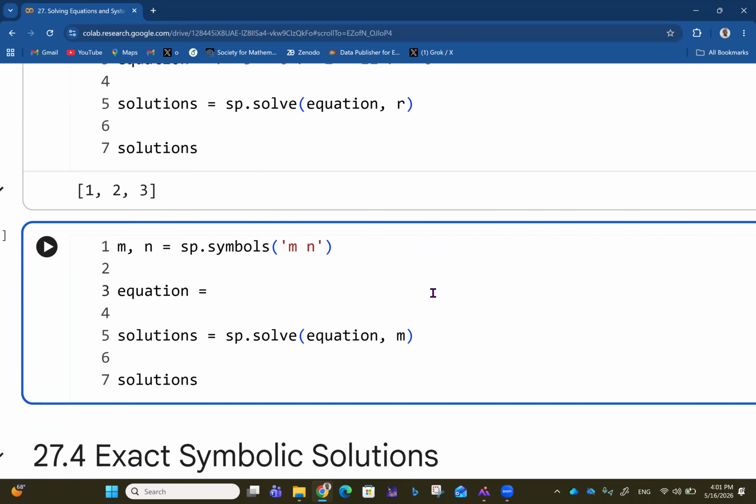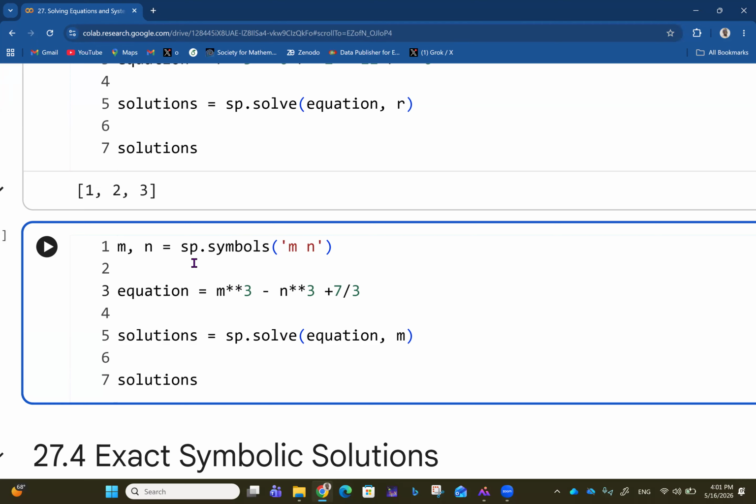Sometimes when you have some expressions, let me take this: m raised to 3 minus n raised to 3, plus 7 divided by 3.